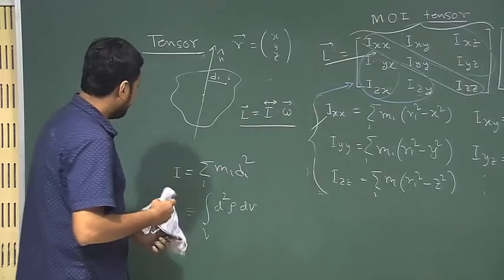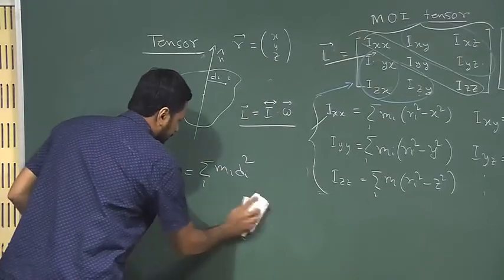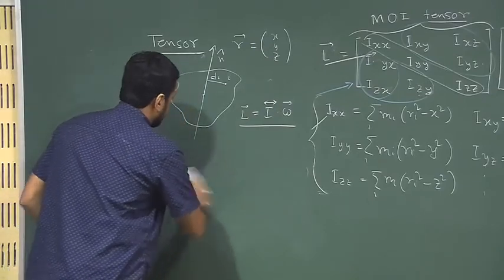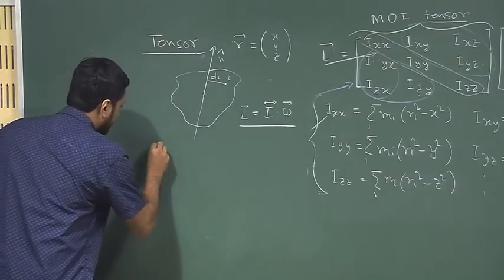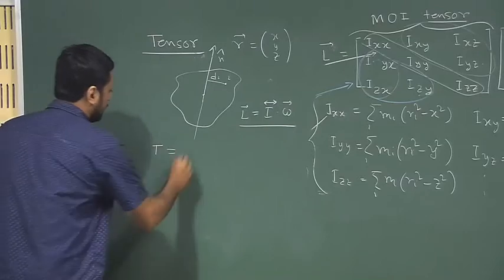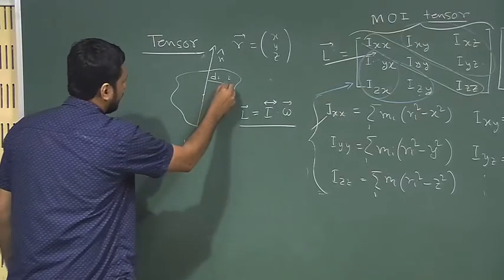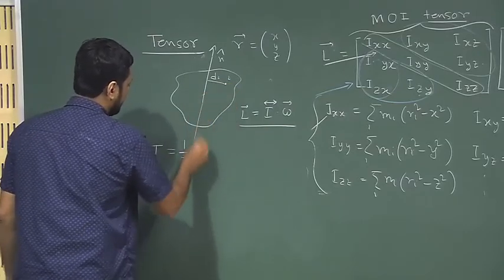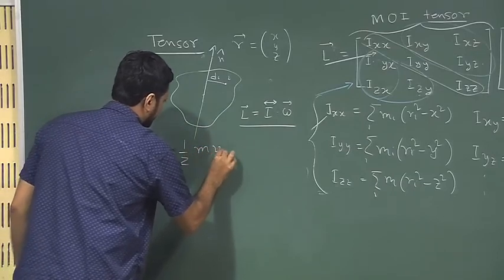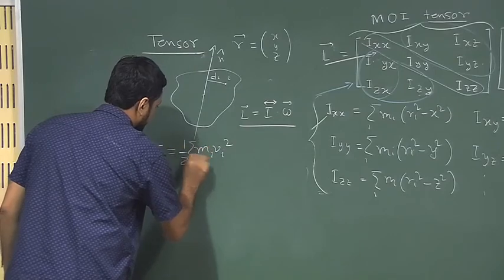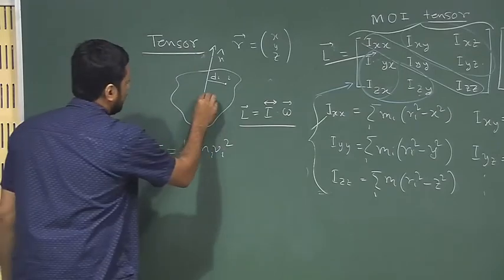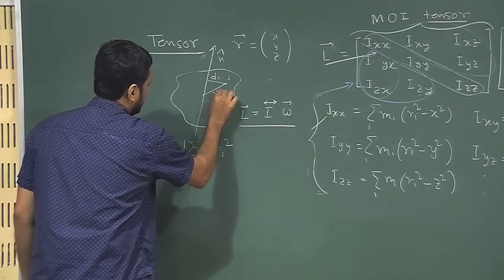It turns out that a correlation of these two is also possible, but in order to do that we need to calculate the kinetic energy of rotation. Considering this fixed point, it will be the sum over all i of half mi vi square. Let us say this is the position vector ri of the particle.